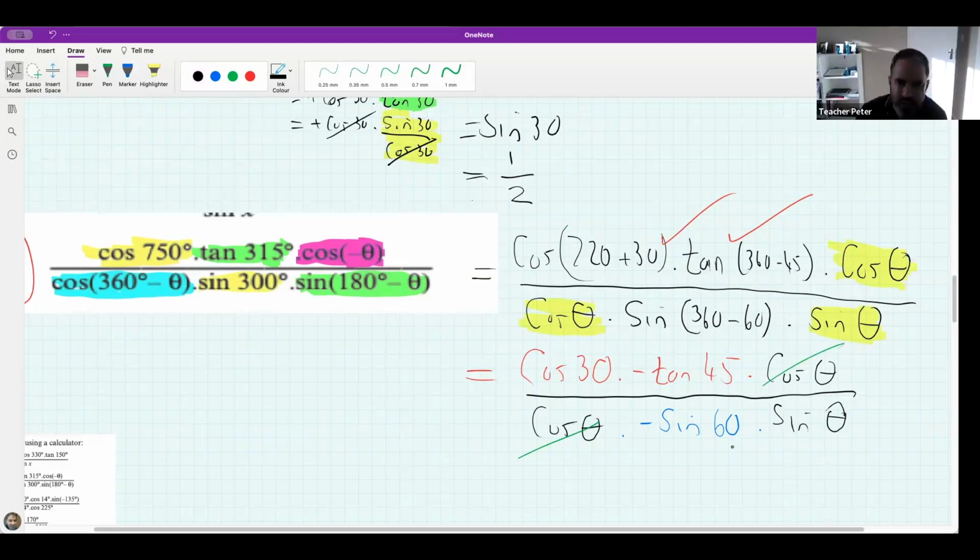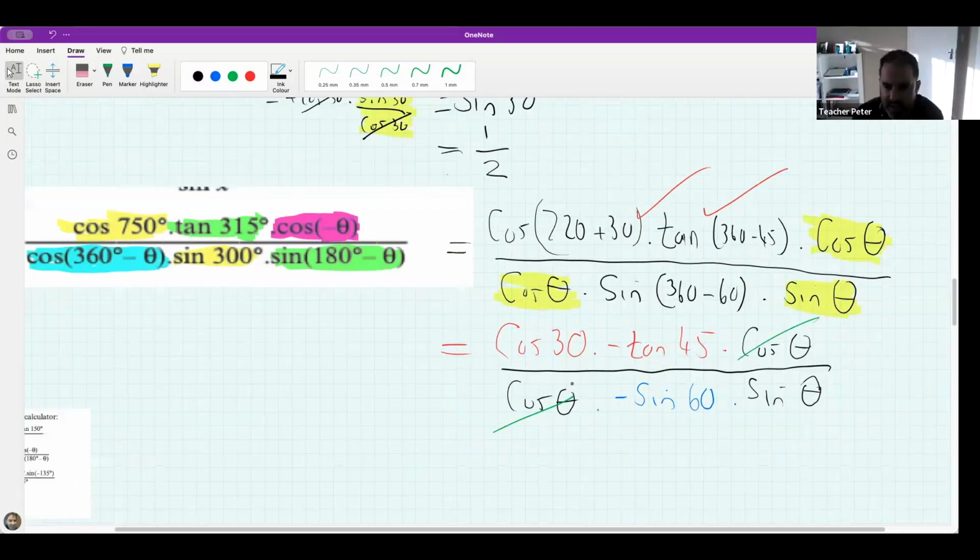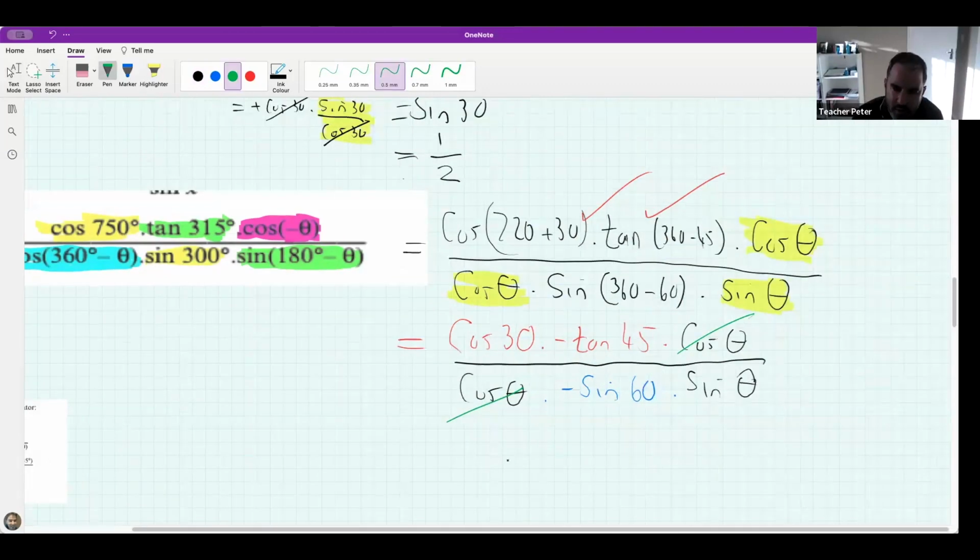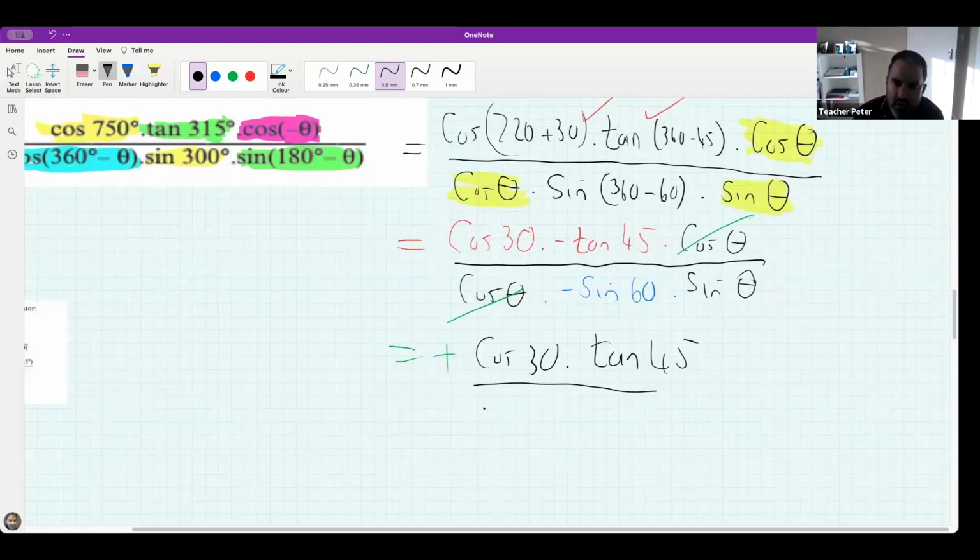Not really. Oh, the one thing is, can you see there's a negative on the top and a negative on the bottom? So the negative and the negative make a positive. So the whole thing will be positive. And now I've got cos 30 times tan 45 over the sine of 60 times the sine of theta. These two negatives basically just cancel each other out. That's why they've gone away.